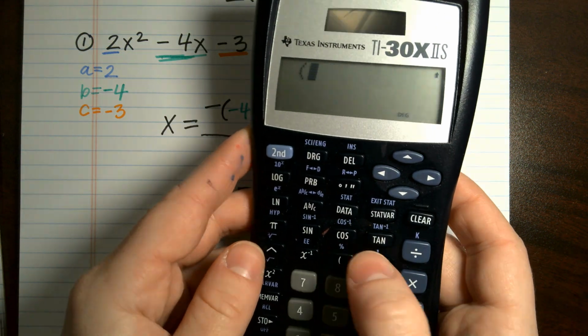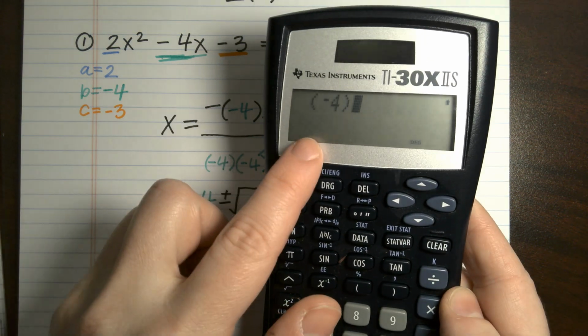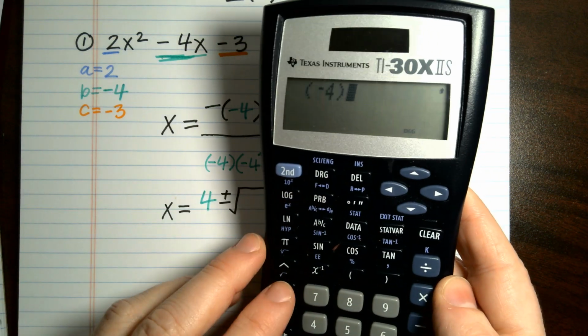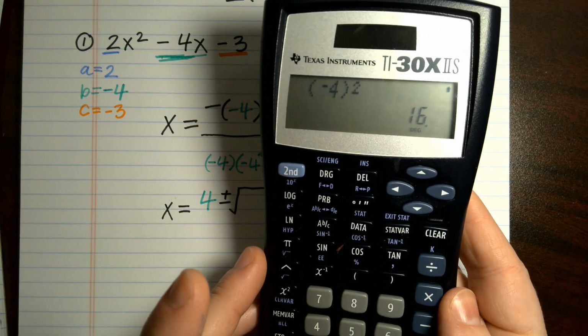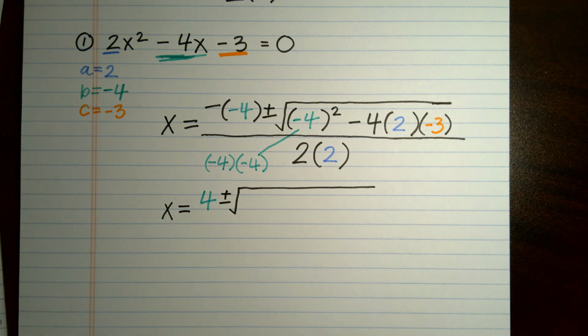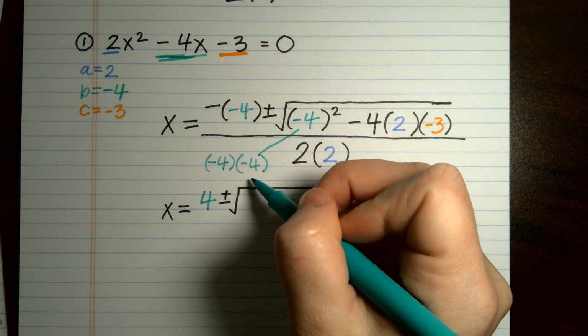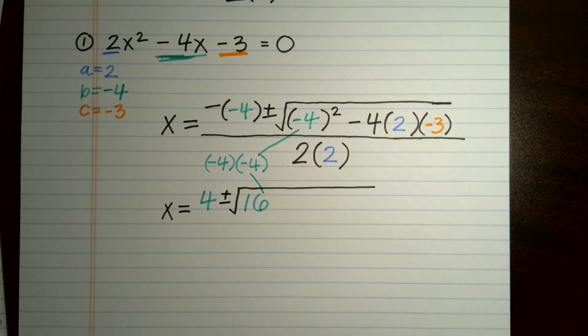If you want to do it on your calculator, you need to type it in exactly how it's written: -4 in parentheses, then squared. +16. Does that make sense, you guys? Yeah. Okay, so -4 squared gives us +16. I find it easier to just do -4 times -4 in the calculator. Yes, and if that works for you too, then absolutely, you'll get the right answer.